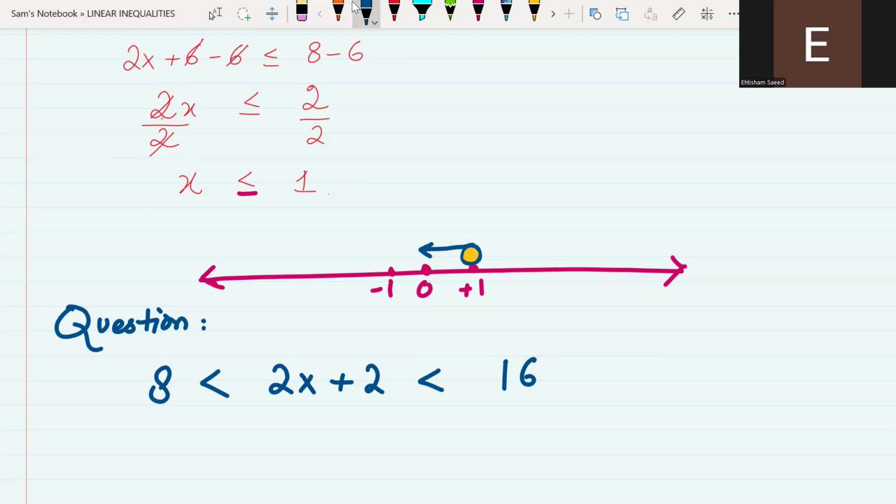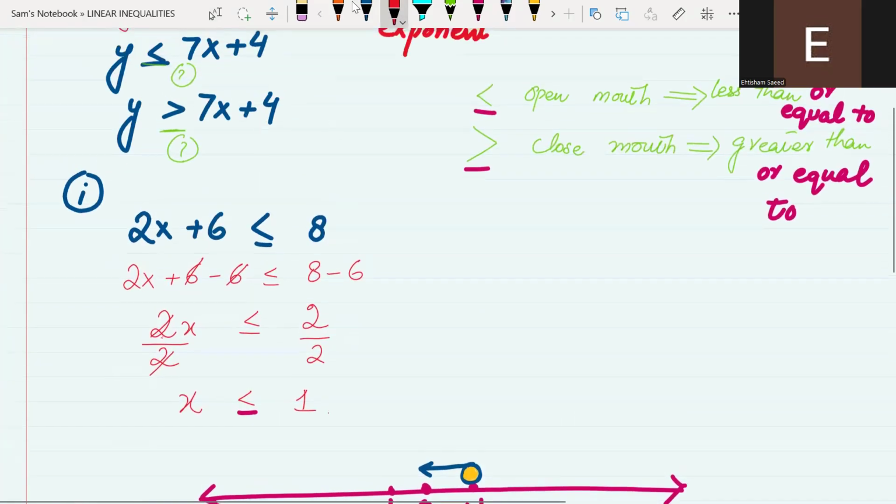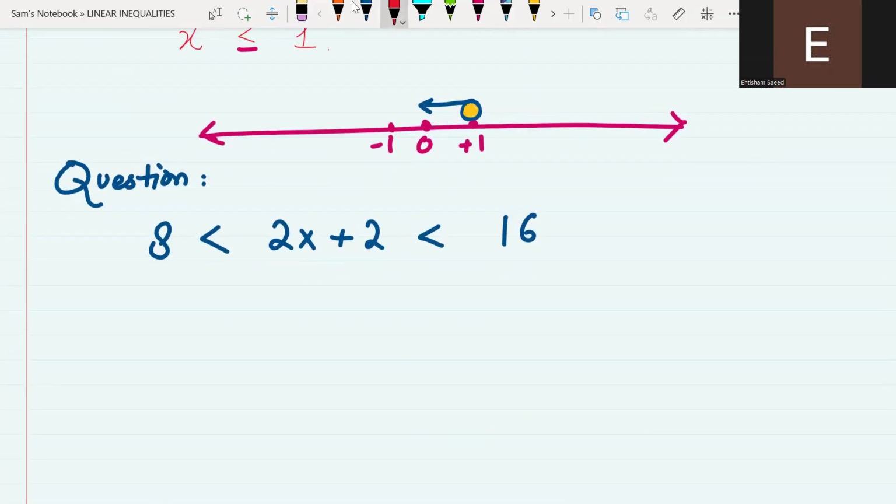So this is another type of inequality you can see. How can we solve this type of inequality? This is another type of question. So I'm writing, these are type 1 questions, type 1, and this will be type 2.